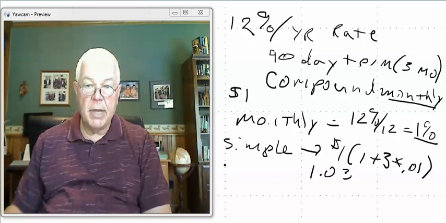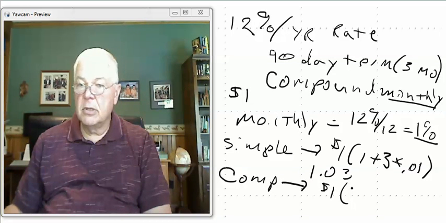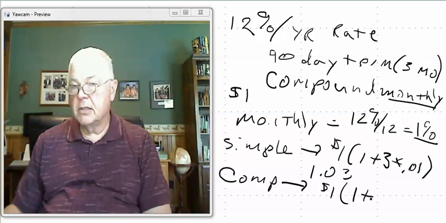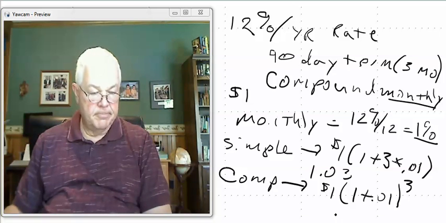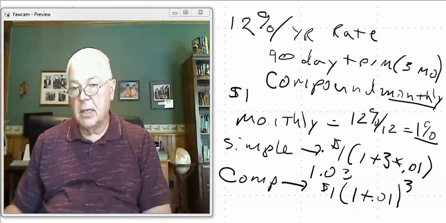If I compound it, well, now I'm going to have the $1 times 1 plus the 0.01 again. But instead of being 3 times this, it's going to be cubed. Now, cubing it is going to be very close to 3.